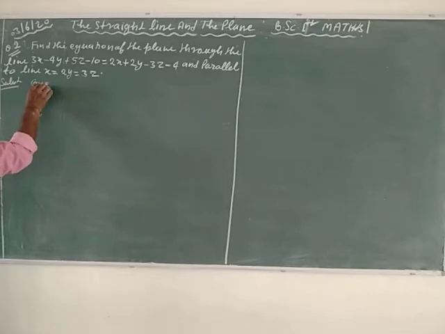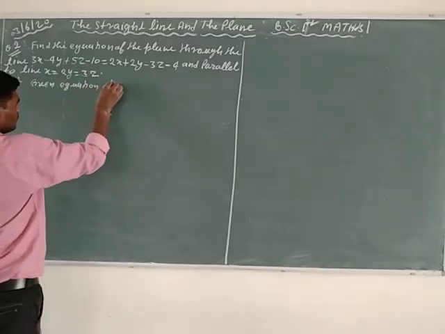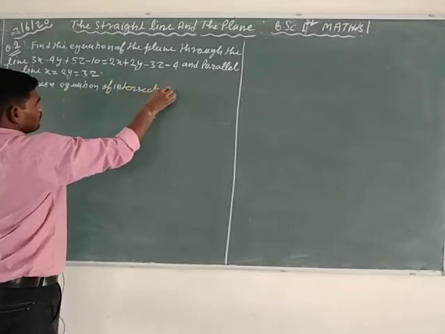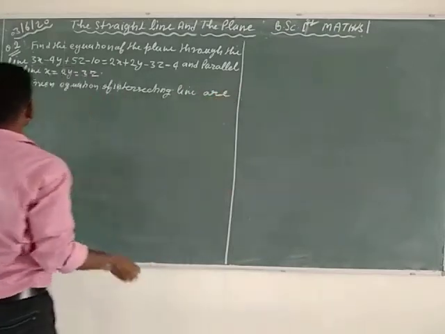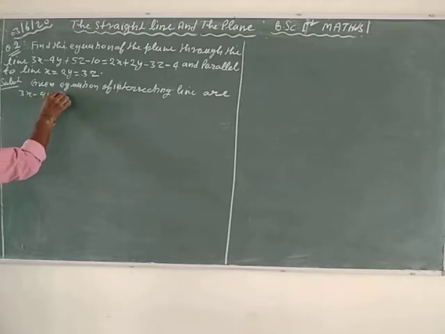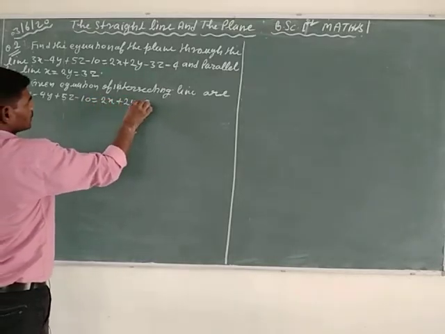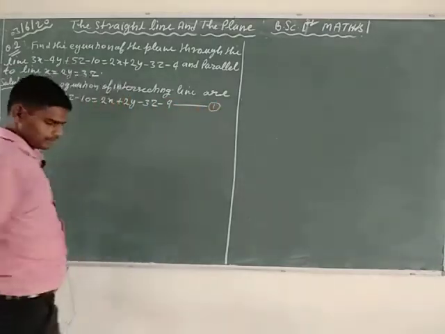given that the given equation of the intersecting line is 3x minus 4y plus 5z minus 10 is equal to 2x plus 2y minus 3z minus 4, represented by first equation.